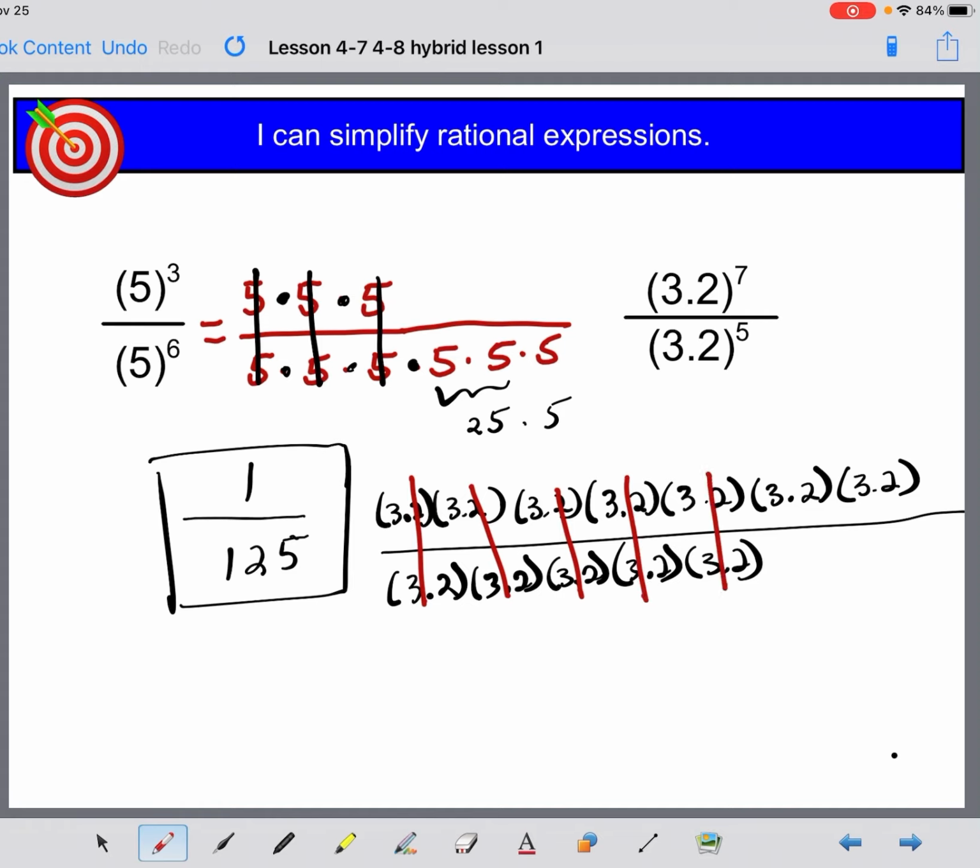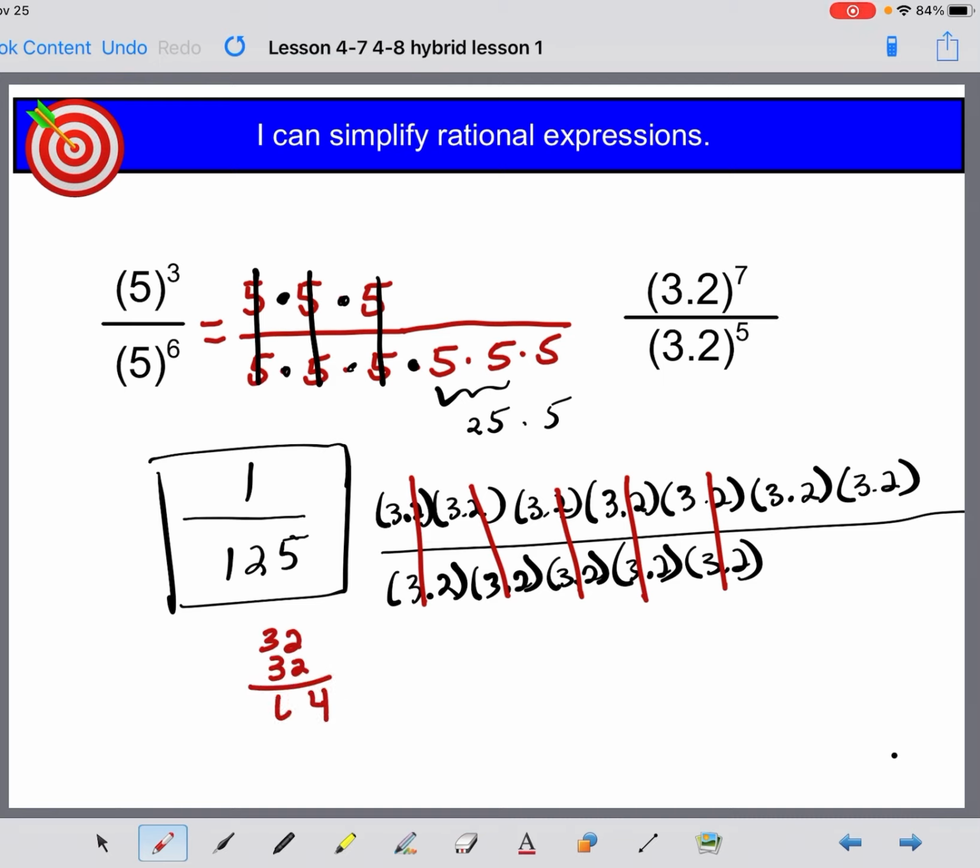What I'm left with is 3 2/10 times 3 2/10, which gives me, you'll have to do a side problem, doing 32 times 32. Let's write this over here. 32 times 32.